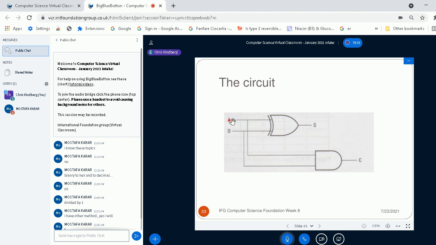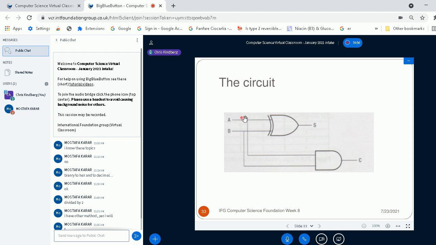I've got two inputs, A and B. Each input can be either 1 or 0 or both. And the exclusive OR gate will represent the sum of adding A and B.